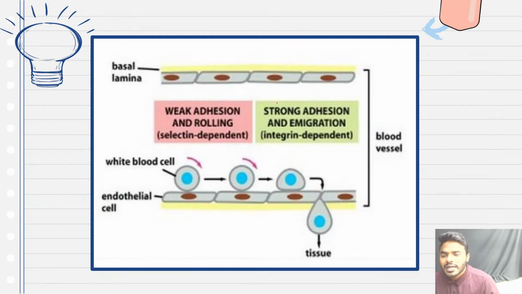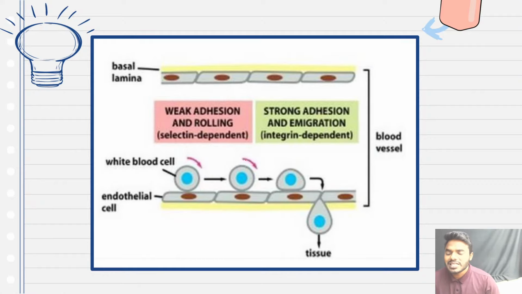Undoubtedly, friends, selectin as well as integrin. Depending on the question, you have to give the answer. Selectins are also required for the movement of the WBC. Integrin is also required for the movement of the WBC. It depends what kind of question they are asking.